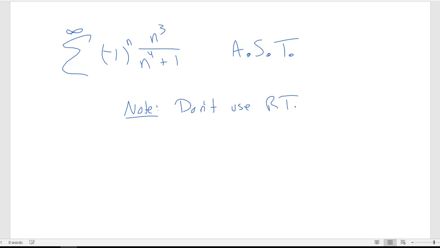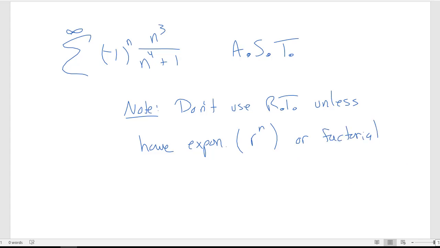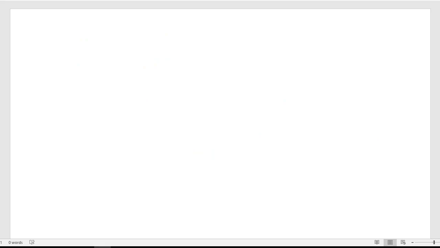Don't use the ratio test, right, unless we have at least an exponential, something like b to the n or r to the n of some form. So unless we have exponential or factorial. So in this example that I just wrote, I would definitely not want to use the ratio test here because it will be inconclusive.